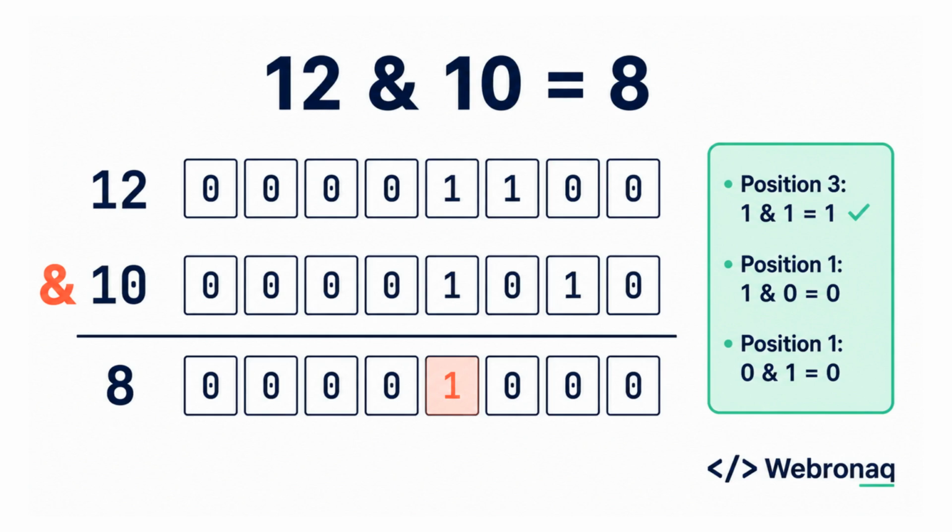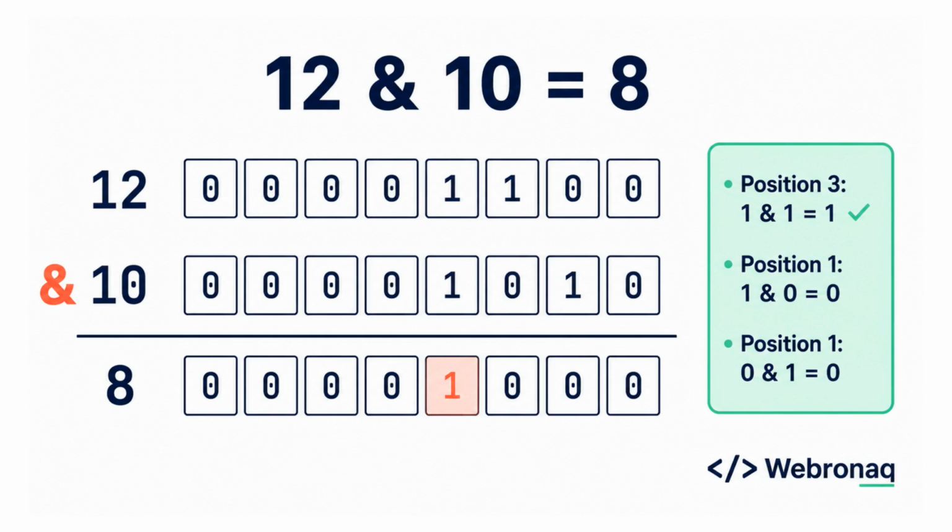We've got two numbers, 12 and 10. In binary, 12 is 00001100, and 10 is 00001010. Now, we line them up vertically, just like you'd line up numbers for addition on paper. Then we apply the AND rule column by column from right to left. Position 0, 0 and 0, that's a 0.